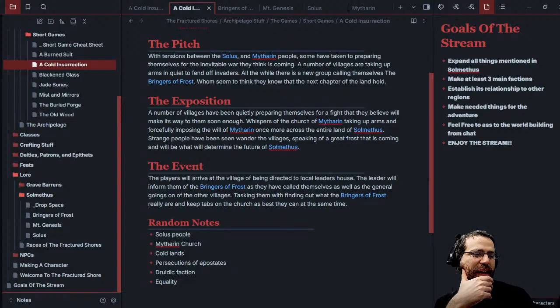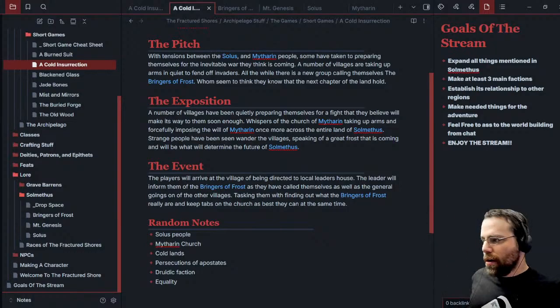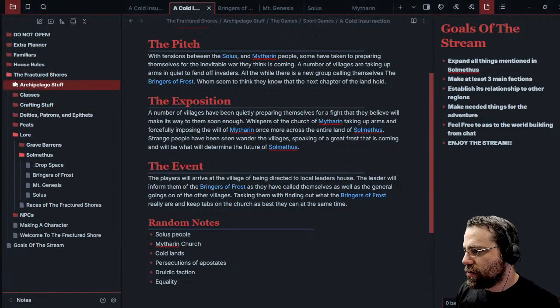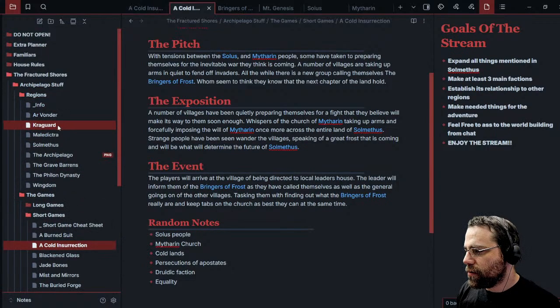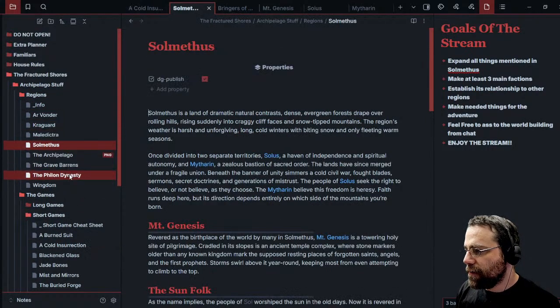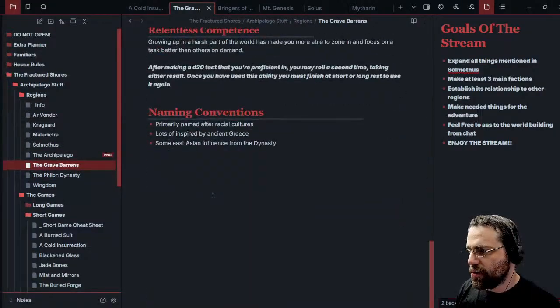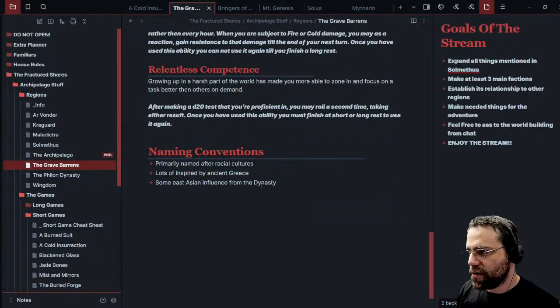I don't like that. Mangalan. We'll stick with that. I actually need to go to Solmethus real quick here in the regions. Because I believe the Grave Barons I put it at the bottom here, which was GM notes, naming conventions.